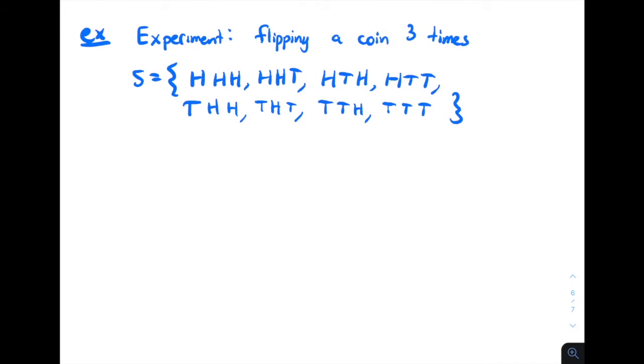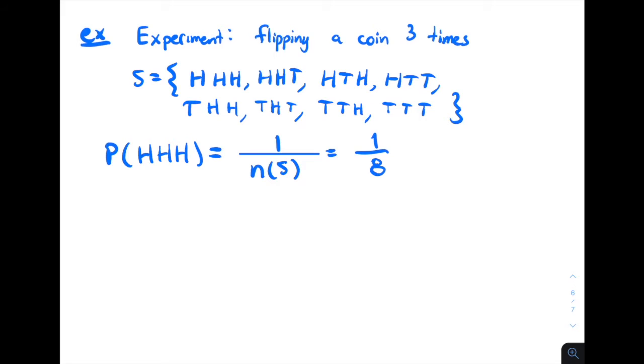If we assume that every outcome is equally likely, then the probability of any individual outcome, say the probability of flipping 3 heads in a row, is equal to 1 over the size of S, which equals 1 over 8.